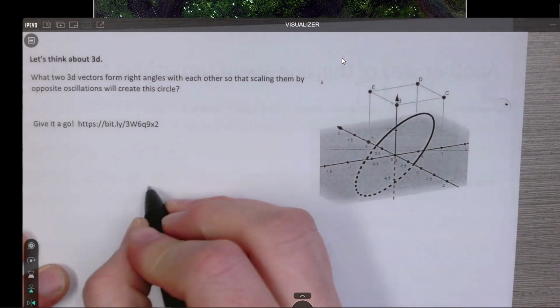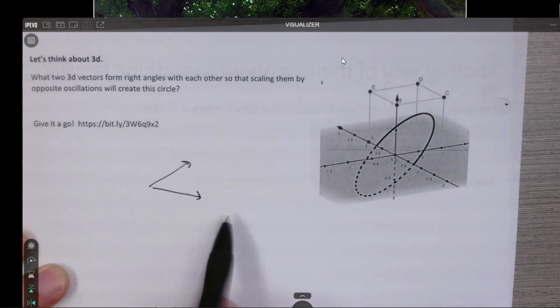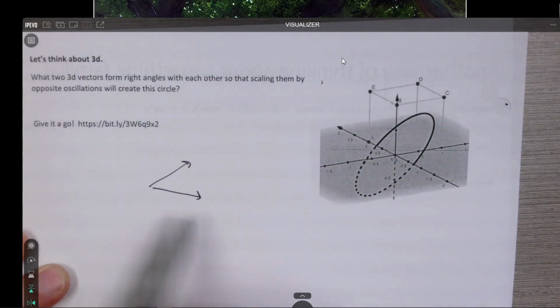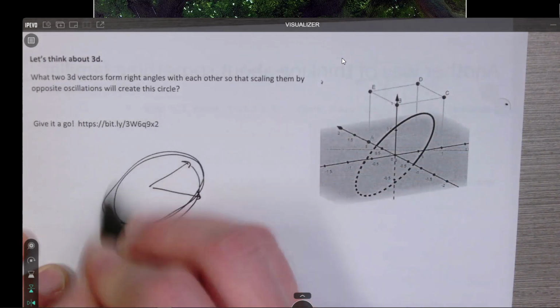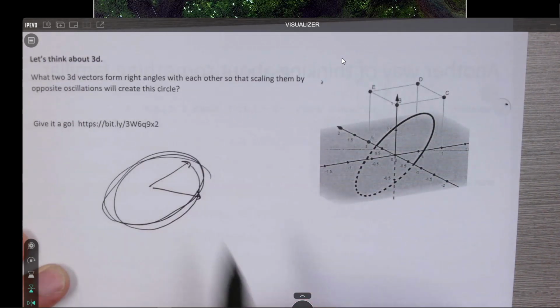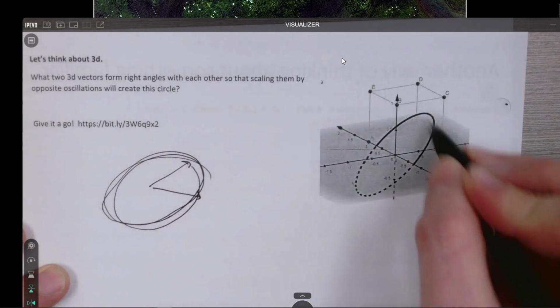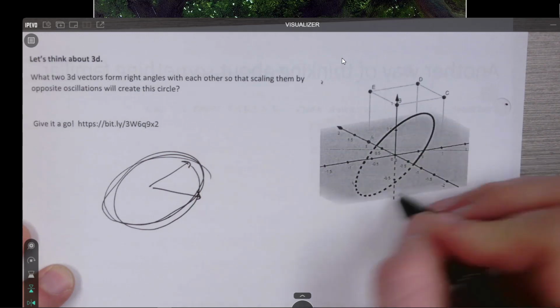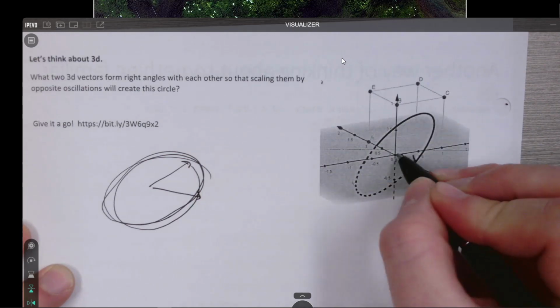You saw that you can make any 2 vectors at right angles oscillate, like scale them by oscillating scale factors, and that's going to create a sort of circular motion where your original 2 vectors are like the axes. So if you want a circular motion in 3 dimensions, imagine what are the axes?